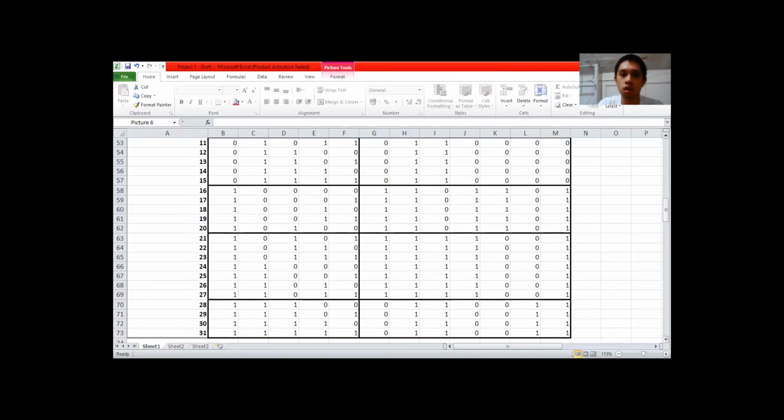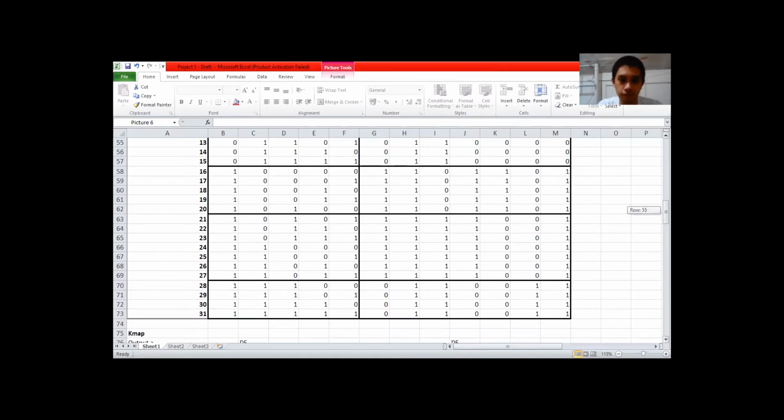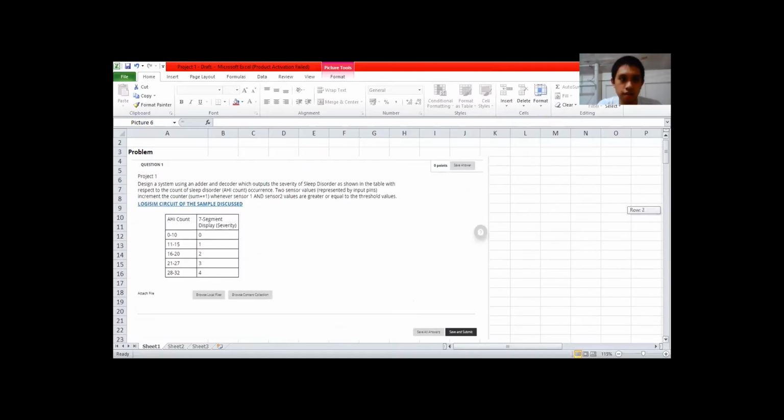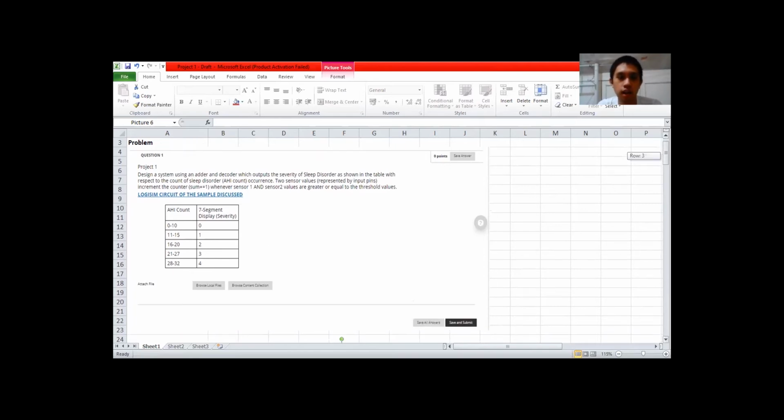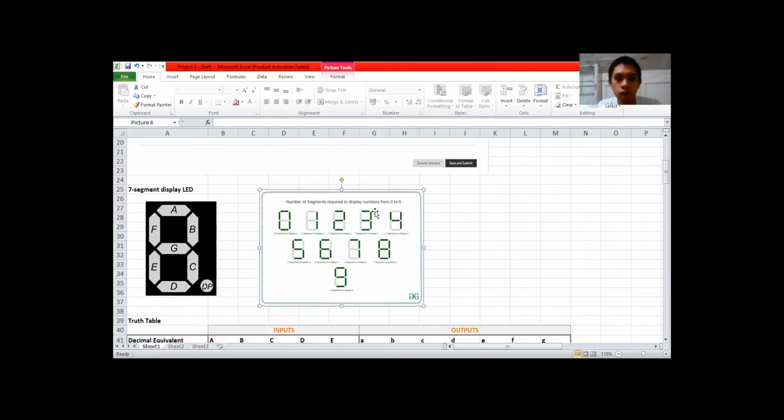So moving on to the next condition, let's refer to this problem. If the AHI count is within 21 to 27, then the output will have a display of 3. As what I explained earlier, an output of 3 is where the only segments that have a high signal are A, B, G, C, and D in order to form 3 as the output.